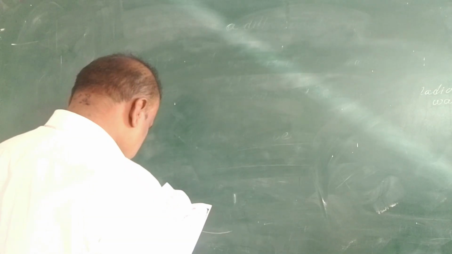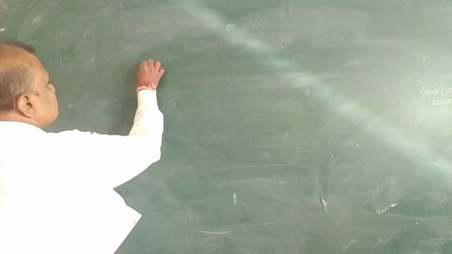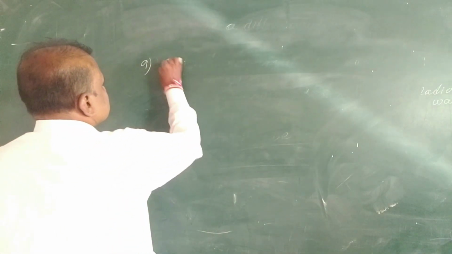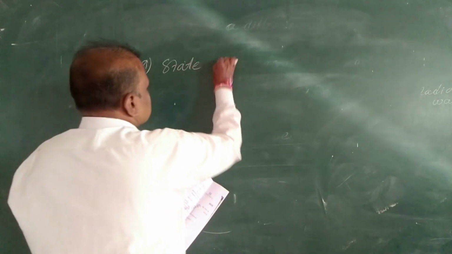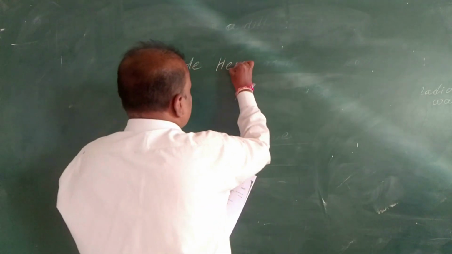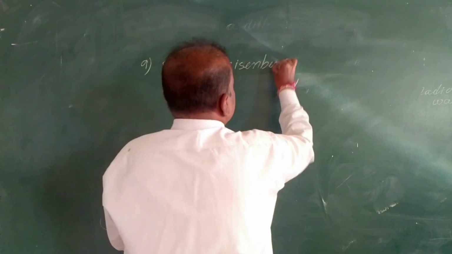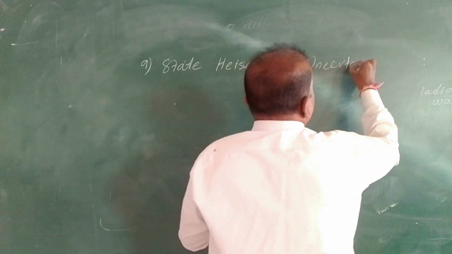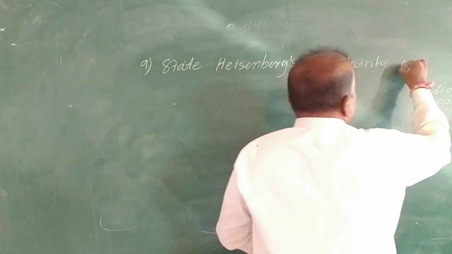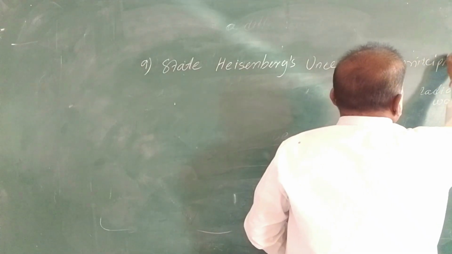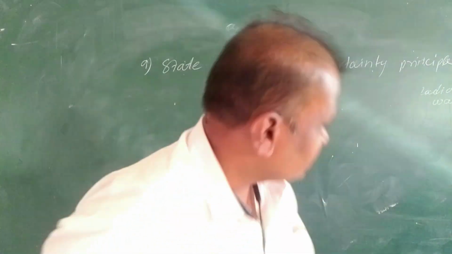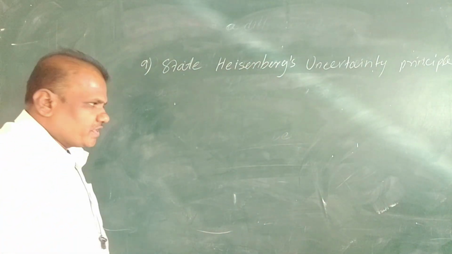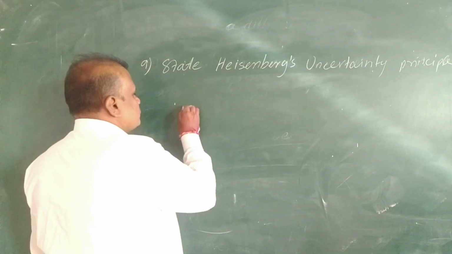Then question number 9. State the Heisenberg uncertainty principle, that is, define the uncertainty principle.